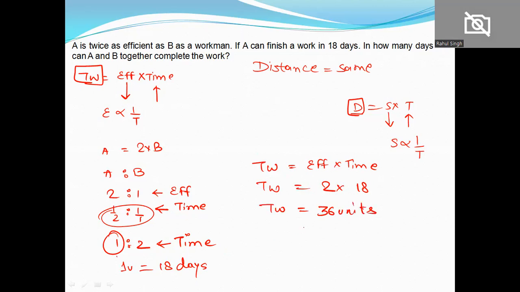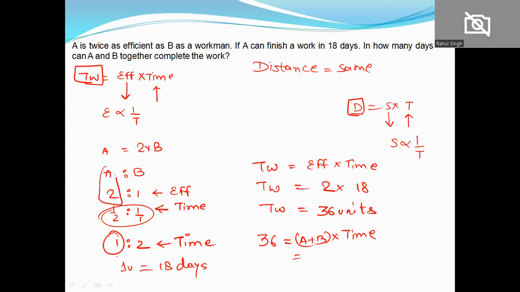Now the question says how much time A and B together will take to complete the work. So 36 units of work is available to be done by both A and B. So A plus B has to do this job. Now we need to figure out how much time it will take. A and B are together putting how much efficiency?